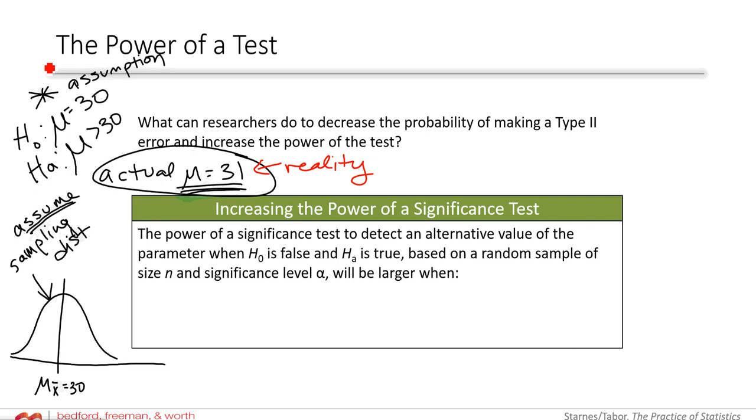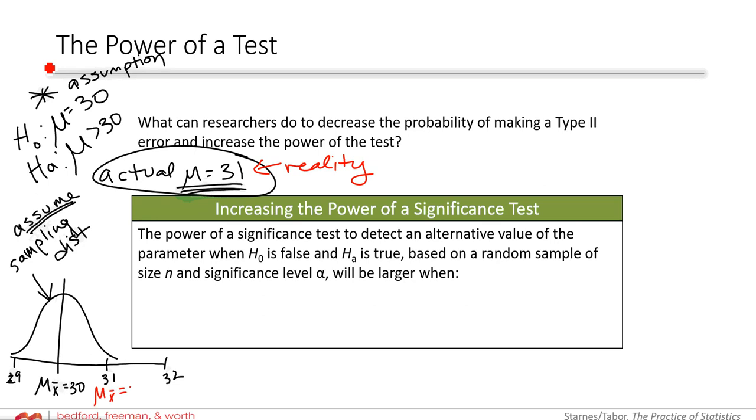So in reality, this black normal distribution is actually not the sampling distribution for the mean. It would be centered at 31. So just think of this down here as a number line. This would be like 29, 30, 31, 32. And I don't know what the standard deviation is, and it doesn't necessarily matter.